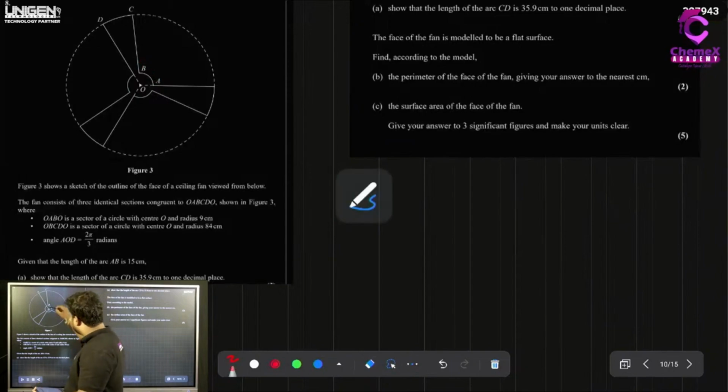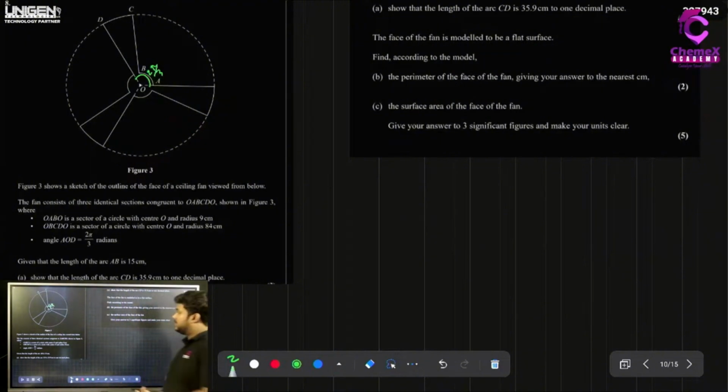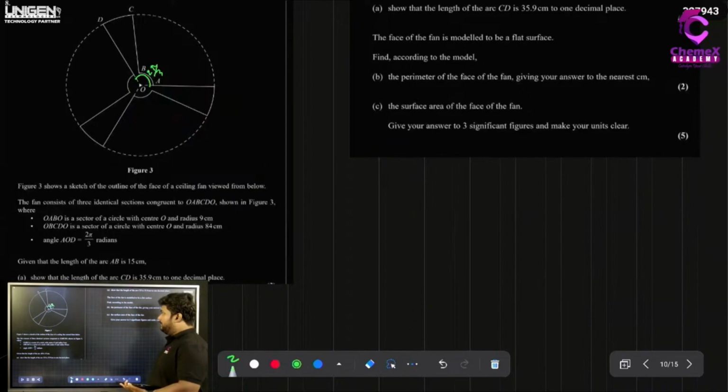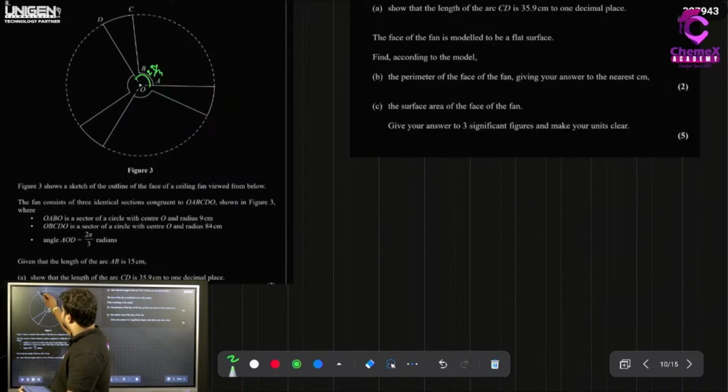The small angle is how much? The small angle is 2 pi over 3. Okay. And AB is given as 15. So can you find the radius? Show the length of CD. CD is what? C to D. CD is this length.